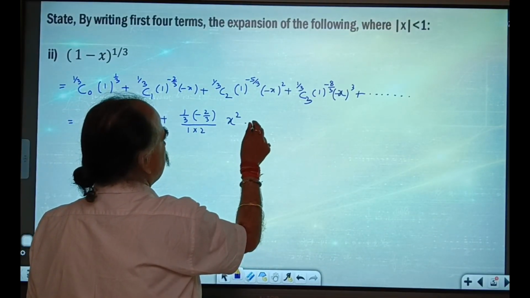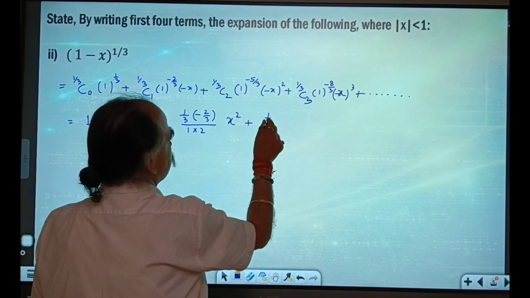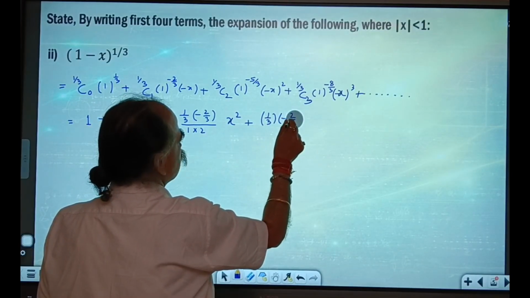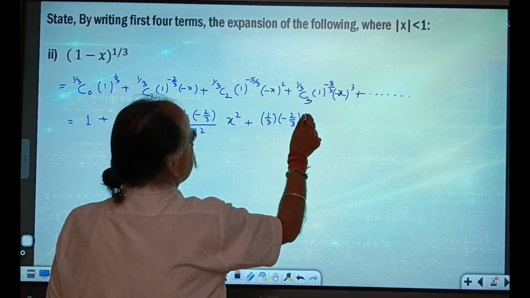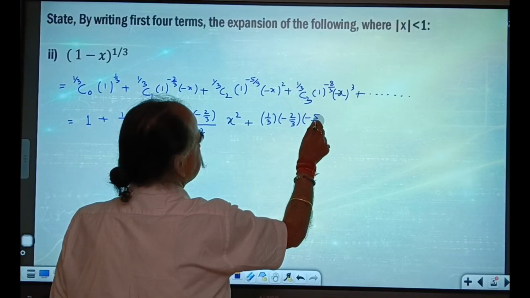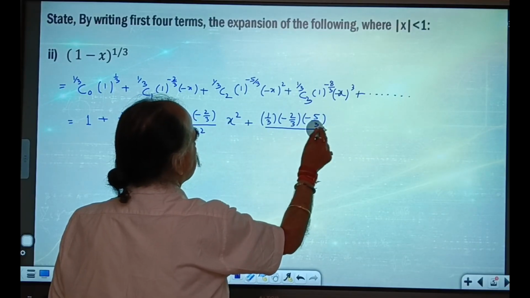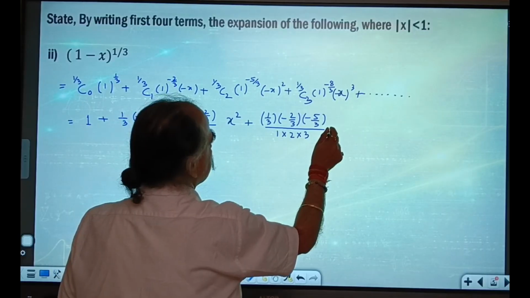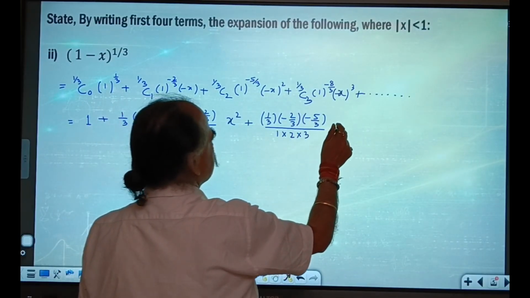Any number C3 is what? 1 by 3, minus 2 by 3, minus 5 by 3 upon 1 into 2 into 3, minus x cube.